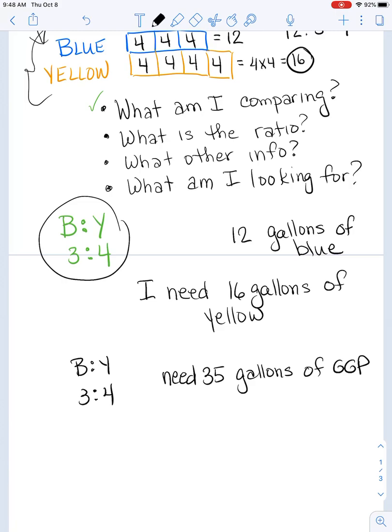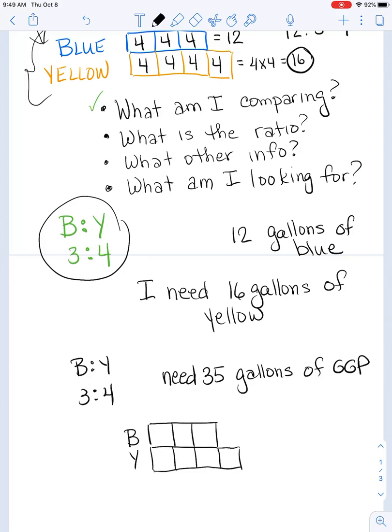Guess what? My tape diagram is going to look the same. I'm going to put a B for blue, a Y for yellow. The ratio is still 3 to 4. 3 boxes for blue, 4 boxes for yellow. Okay, so that's the first question.